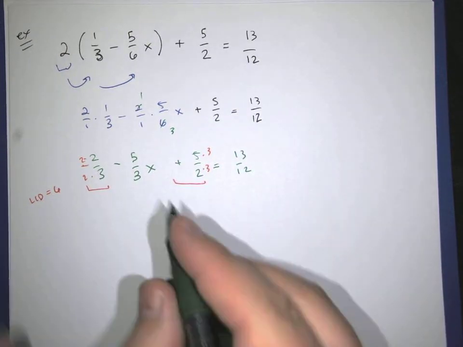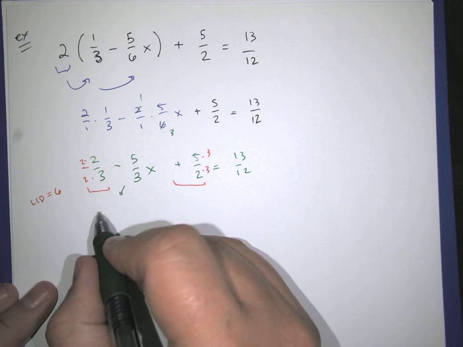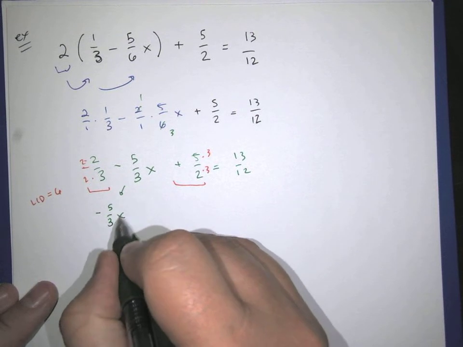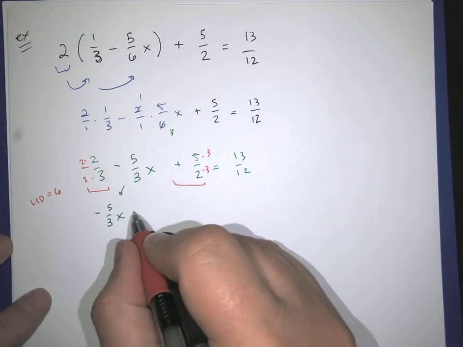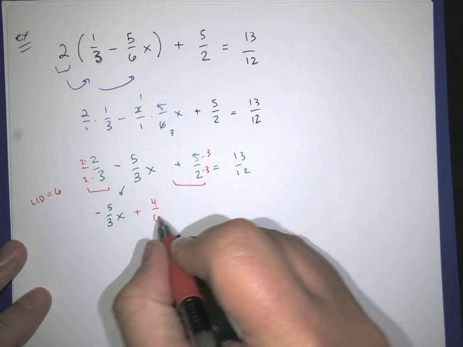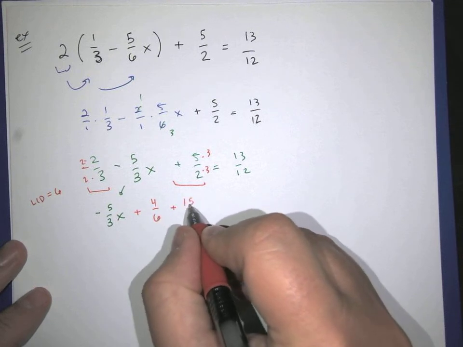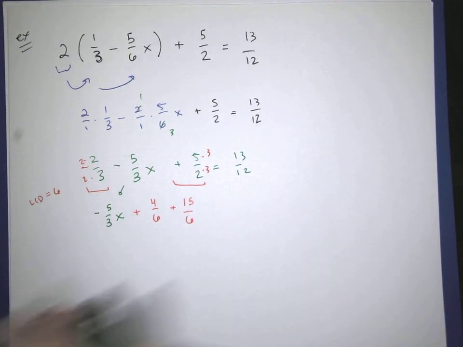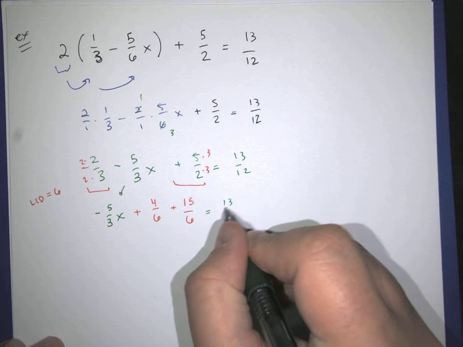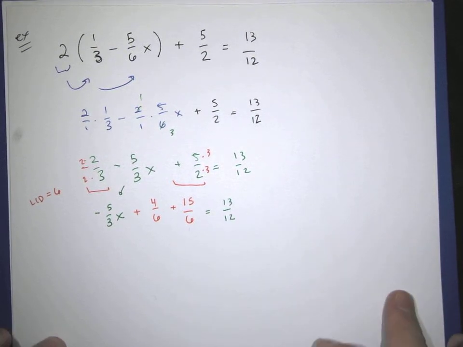And if I rearrange this a little bit, this is negative 5/3 x plus 4/6 plus 15/6 equals 13/12.